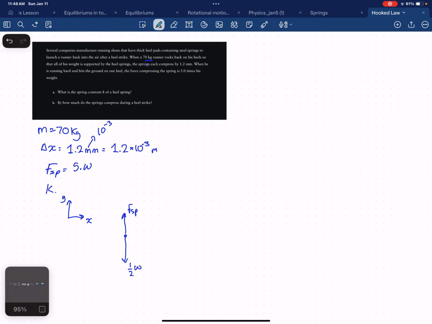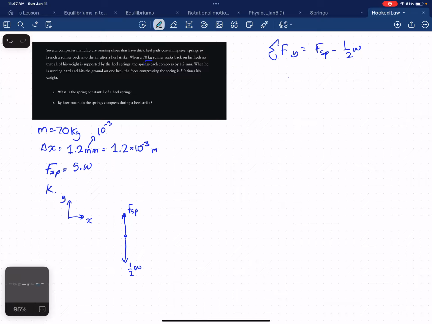Here you can see we're in the y direction. So if we take the forces in the y direction, F of y is going to be equal to F spring force minus 1/2 W. When a runner steps on the ground, at that particular instant, we are in static equilibrium.